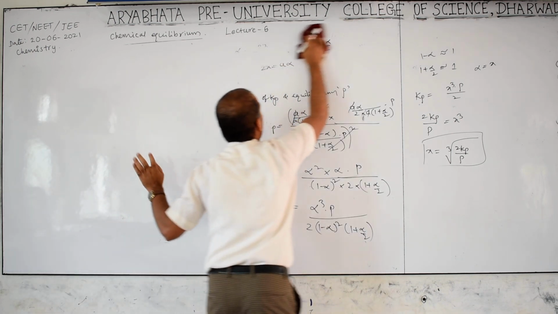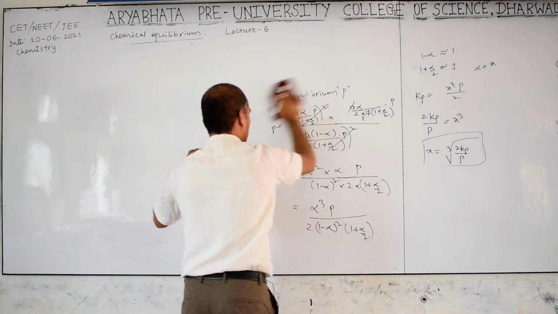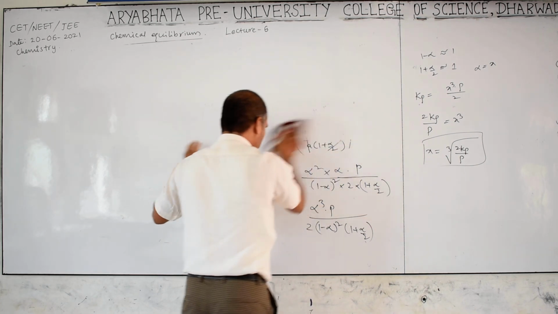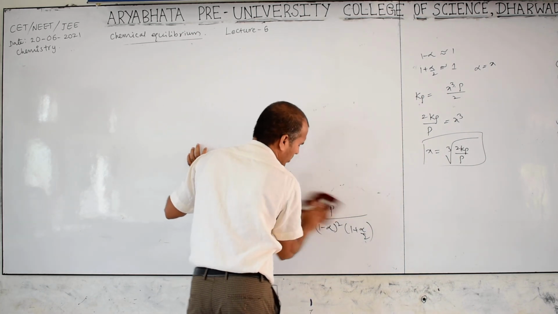So at a certain stage the rate of forward reaction is equal to the rate of backward reaction, that is called equilibrium.